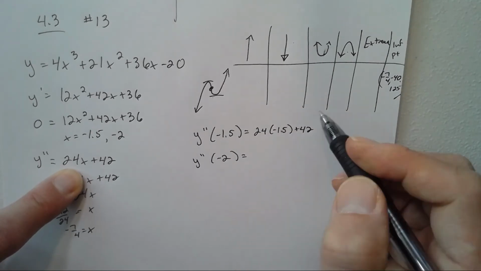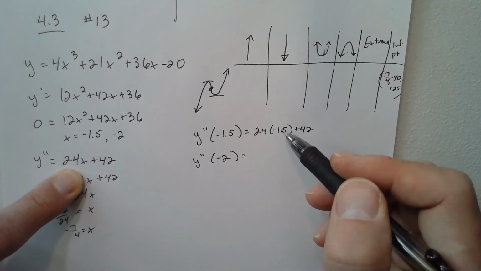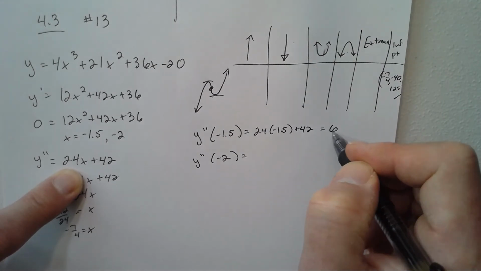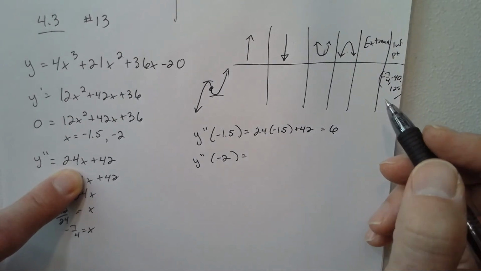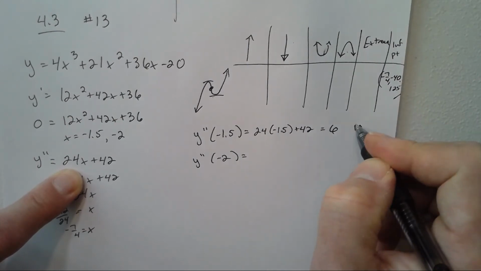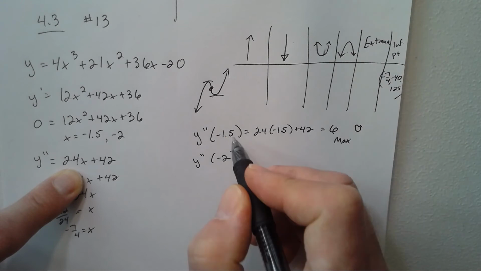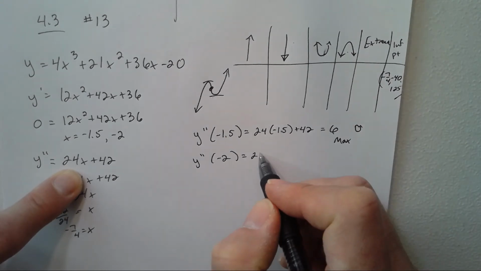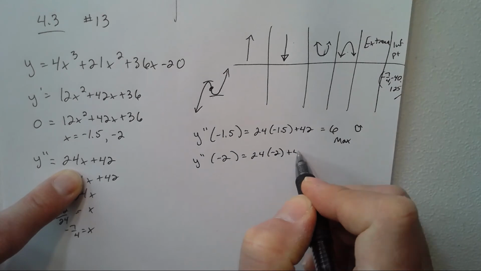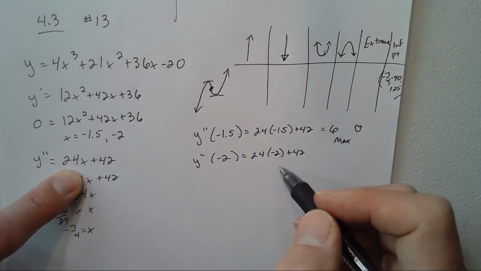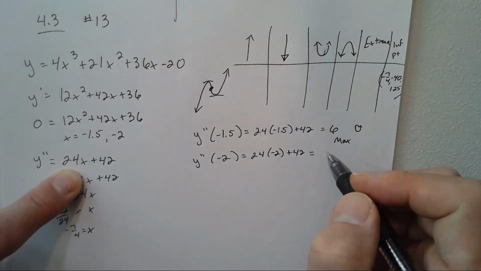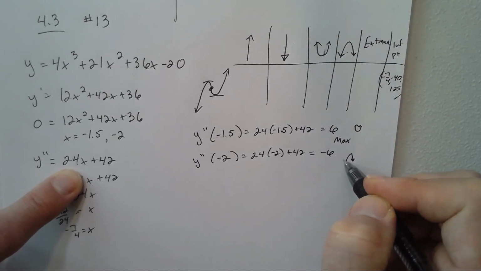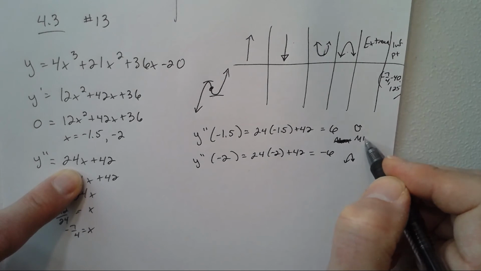Negative 36 plus 42 is 6, so it's positive, so it's concave up, therefore it's a minimum at negative 1.5. Y double prime of negative 2 is 24 times negative 2 plus 42. It gives you negative 48 plus 42 is negative 6, so it's concave down, so it's a maximum. Sorry, first one was a minimum, second one was a maximum.